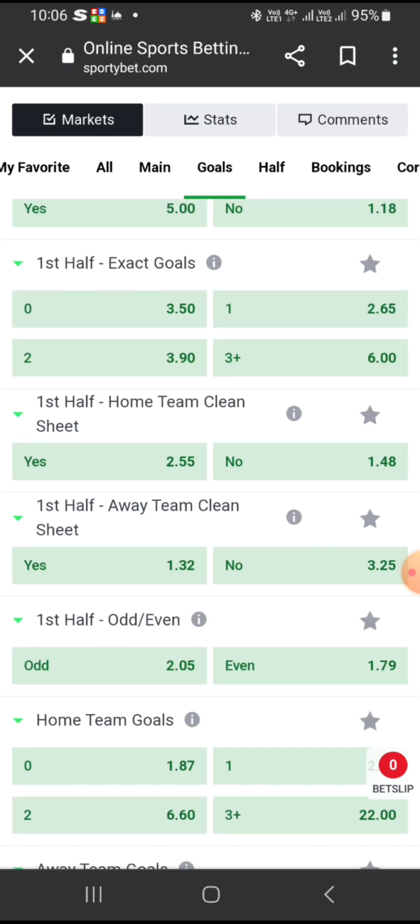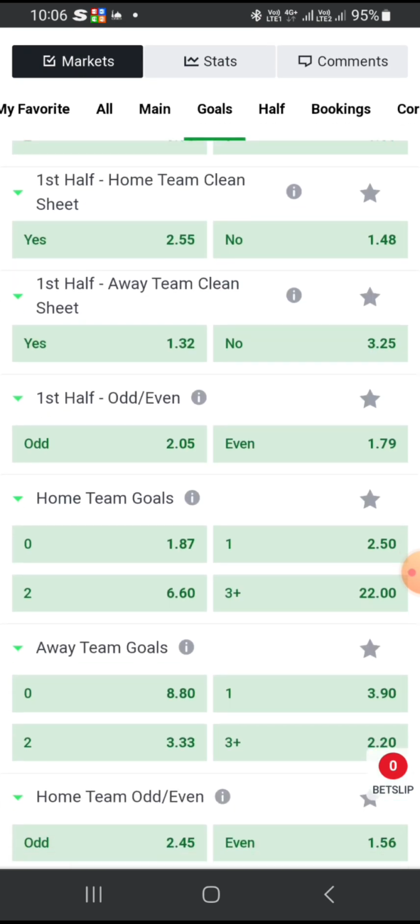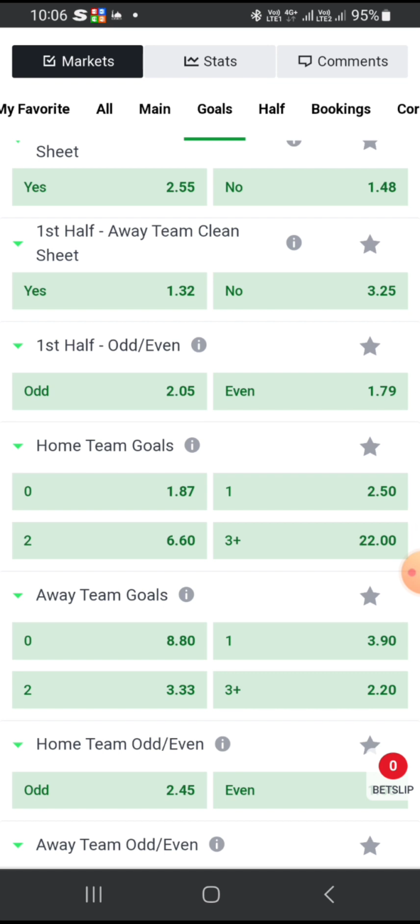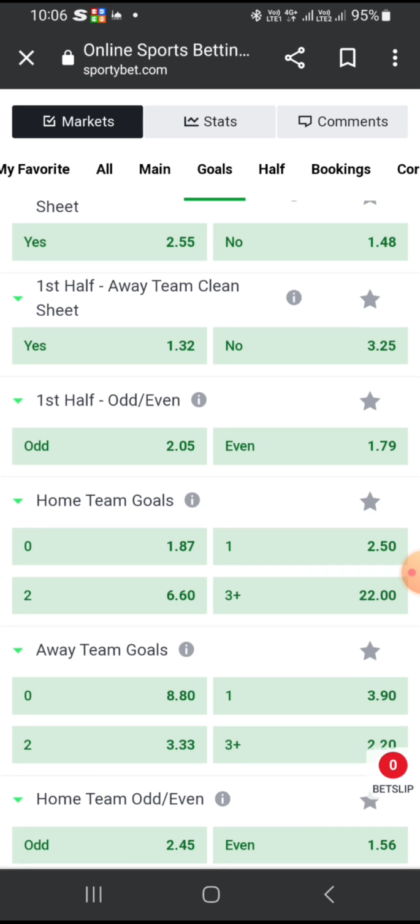So under first half, odd and even, it's a very risky one to play. But sometimes it's good to dive in. People don't see that sometimes this side is even the best place to play, because the target here is you have to check on the people that are playing home.